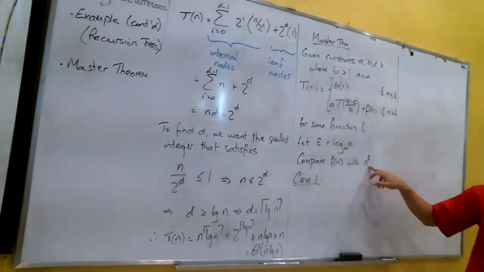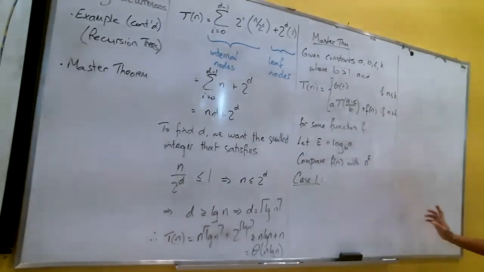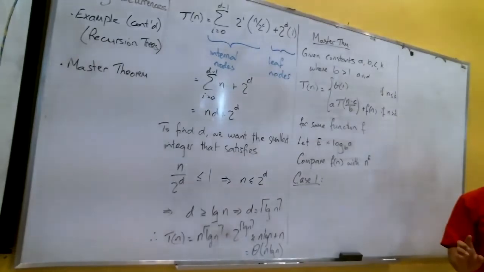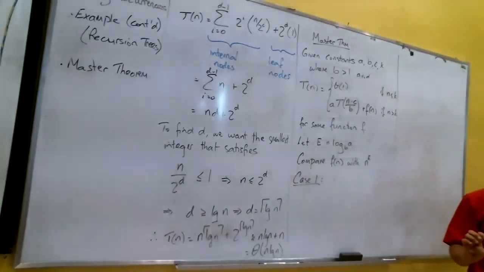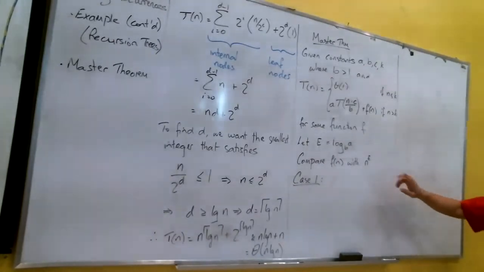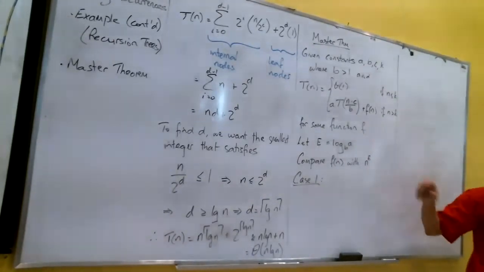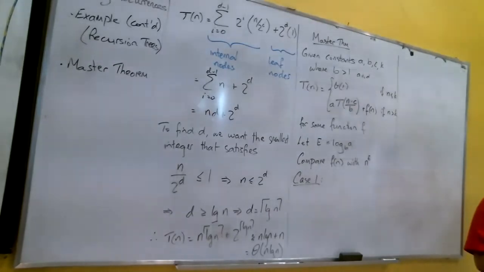This is the total amount of work being done at the leaf level. Yeah, this n to the E is the work being done at the leaf level.